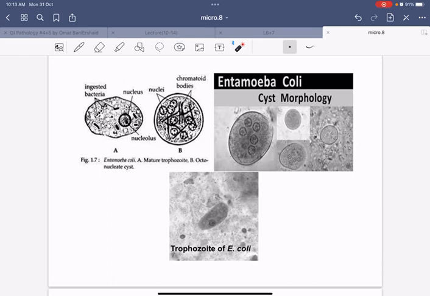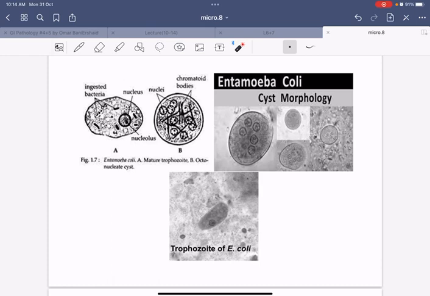Here 8 nuclei and the chromatoid body splinters, small pieces like this. While in the Amoeba histolytica cyst, chromatoid bodies are like rods, whereas here they are splinters. Look at the nucleus of the trophozoite containing an eccentric karyosome, on the side. The chromatin is coarse, irregular around the nucleus. And you can see the trophozoite ingests bacteria, not RBC.